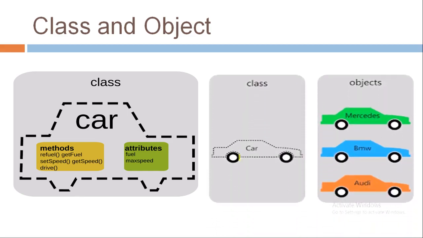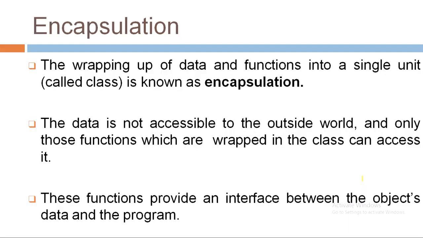Now let's see, Car has three objects, Mercedes, BMW and Audi. That means we can have different attribute values for these three different car models, right? So as we can see here, the class is a container and it has three different object variables having different attribute values. Now let's see encapsulation.